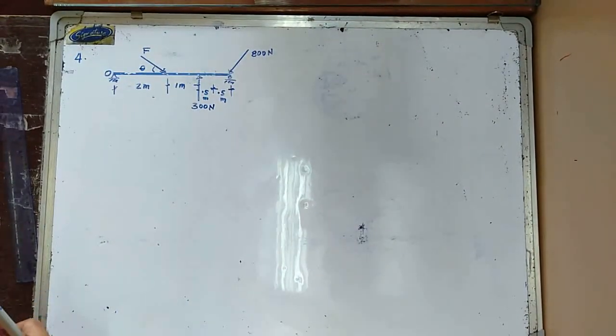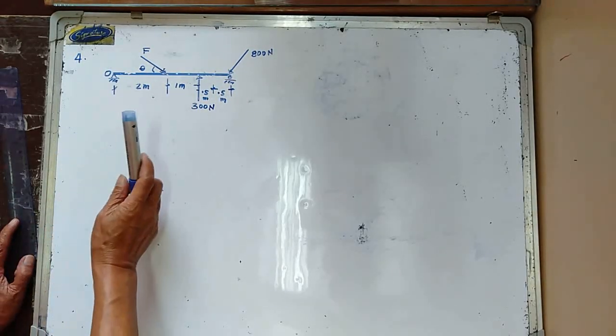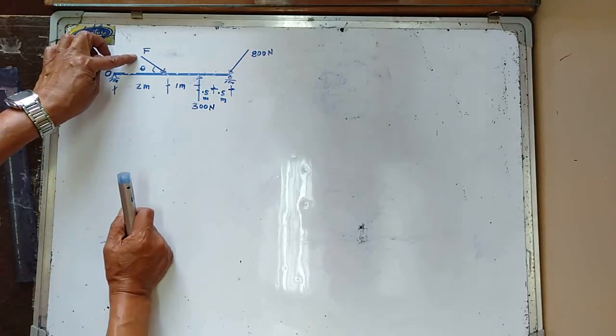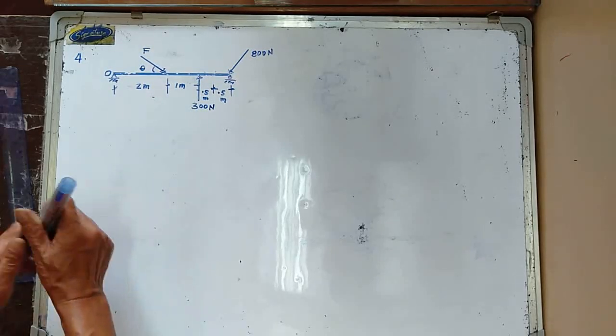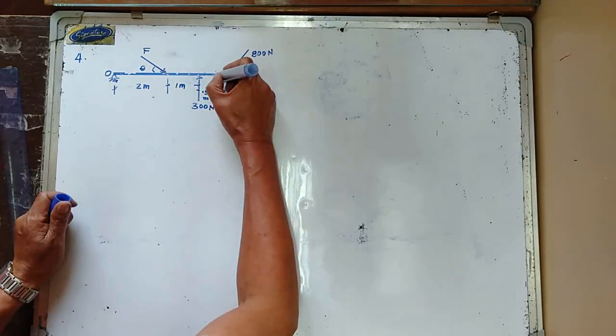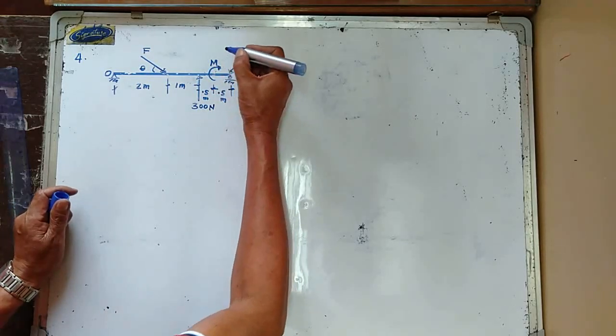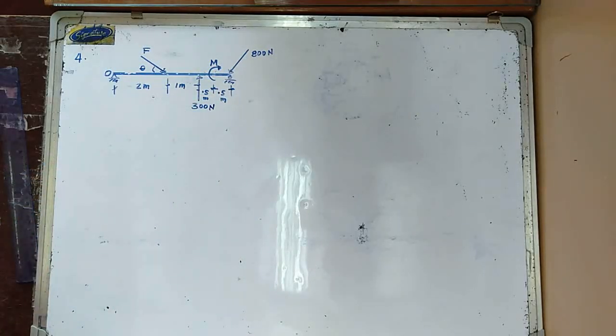So problem number 4. Determine the magnitude and direction of force F and the couple moment M such that the loading system is equivalent to a resultant force of 600 newtons acting vertically downward at O, and a clockwise couple moment of 4,000 Newton meter.